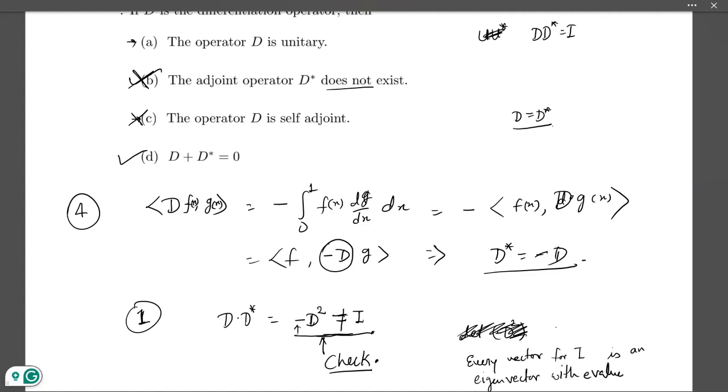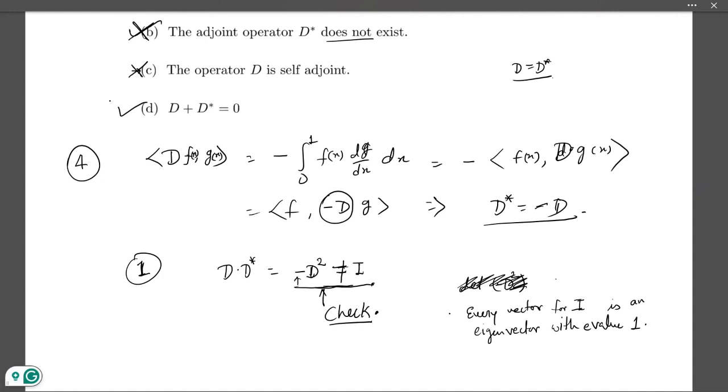I means the identity operator, don't confuse. But this is not true for minus D square. You can check, let's say, x: minus D square applied to x, what will it become? It will become 0, right?